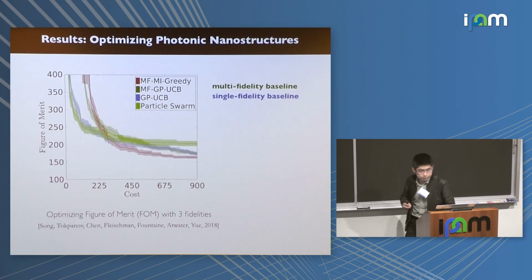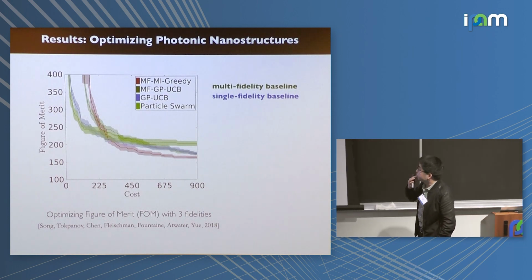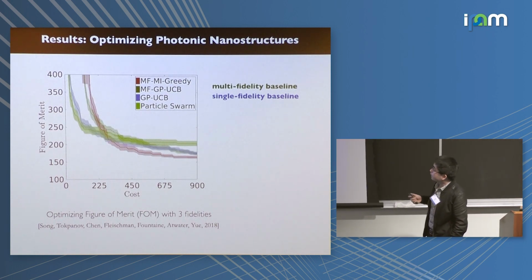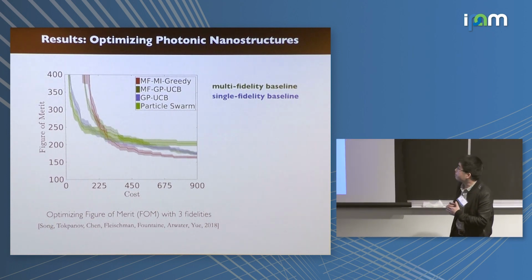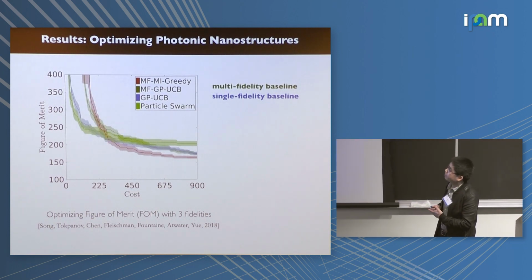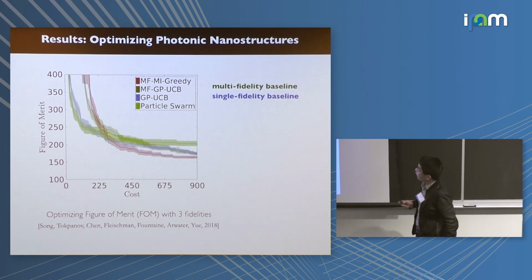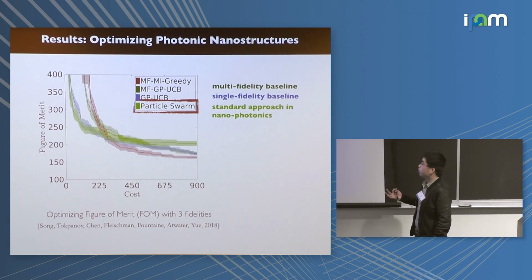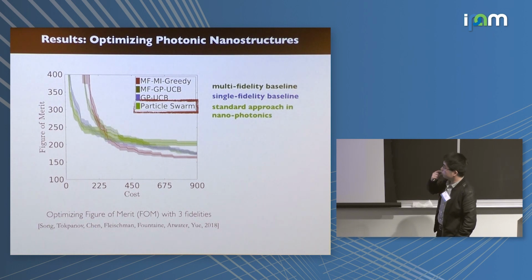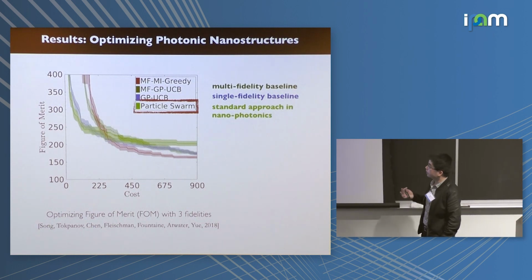All right, so to give you a brief sneak peek of the results, we run this algorithm, which we call MI-Greedy, the multi-fidelity mutual information greedy algorithm. And we compare with particle swarm, the most popular approach that the material scientists were using when designing that device. Particle swarm is an evolutionary algorithm based on sampling.